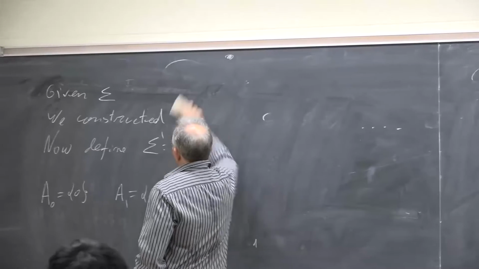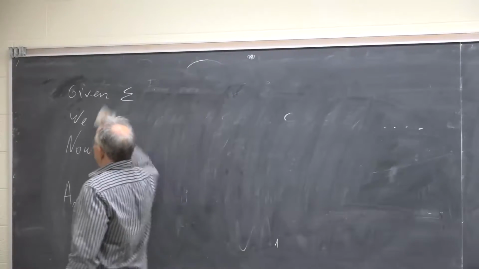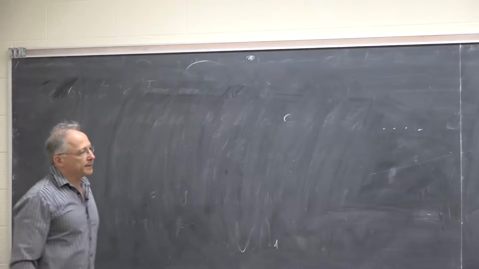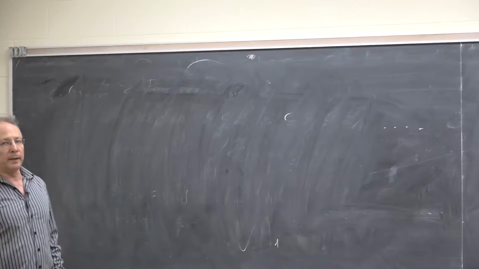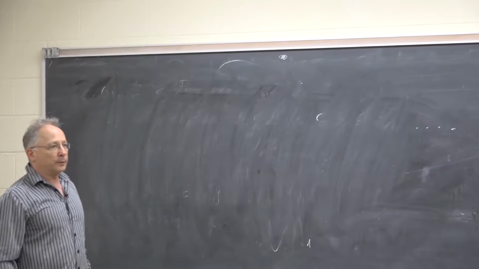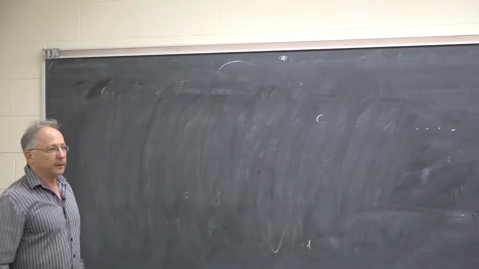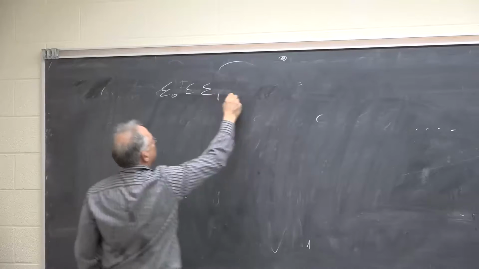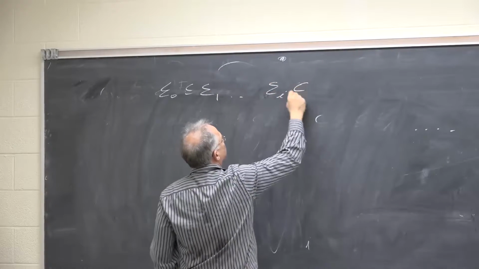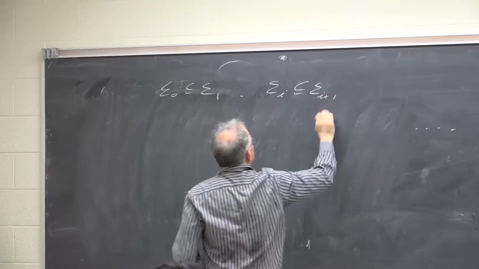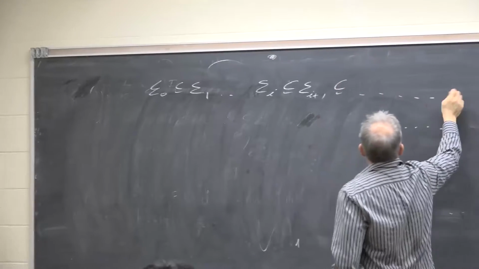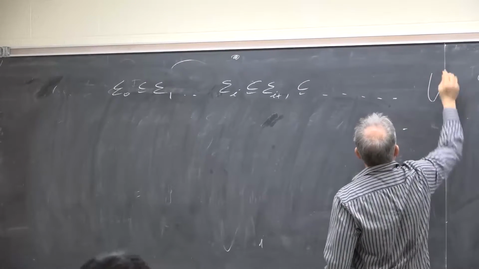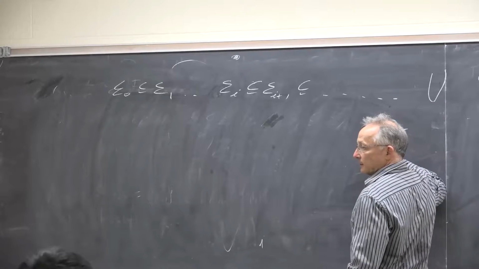So now what we are going to do is we are going to say how is sigma prime constructed? It's constructed by an increasing union. So we have here sigma 0 subset sigma 1, sigma i plus 1, and we take the union of all of this, and we get sigma prime.